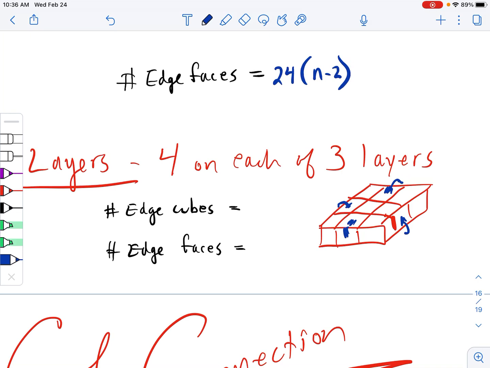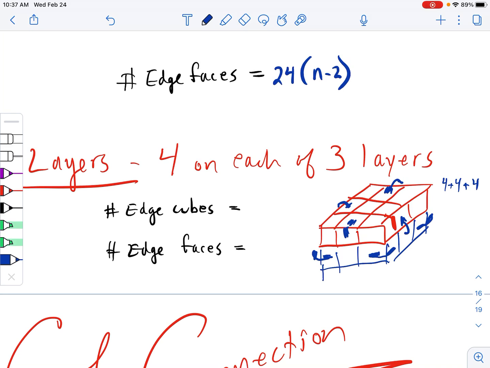If I were to look at the bottom layer, I'd get the same thing. So that's 4 plus 4. The middle layer, let's pretend I draw that in. Okay, so that's only going to give me this one and this one, this one and this one, this one and this one. Okay, so that's going to give me 4. So there's 4 on each of the 3 layers. Now this, of course, is for a 3 by 3 cube.